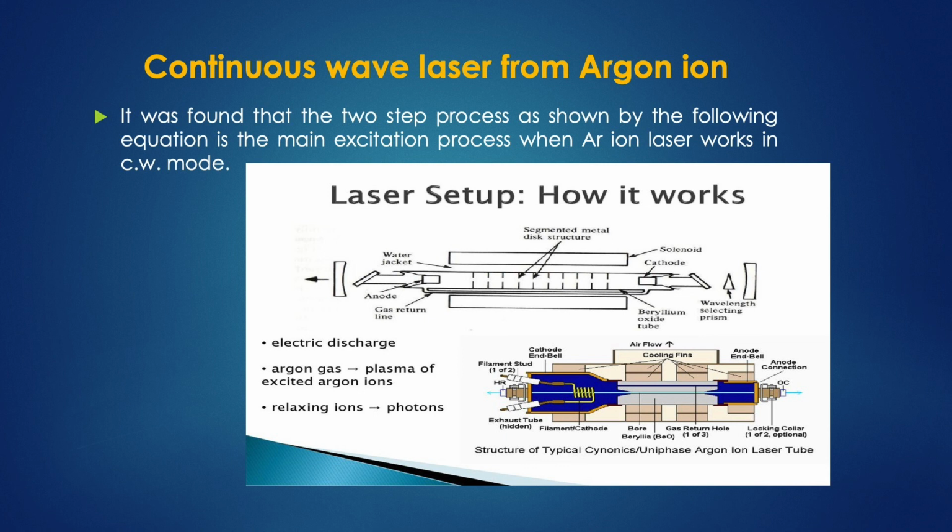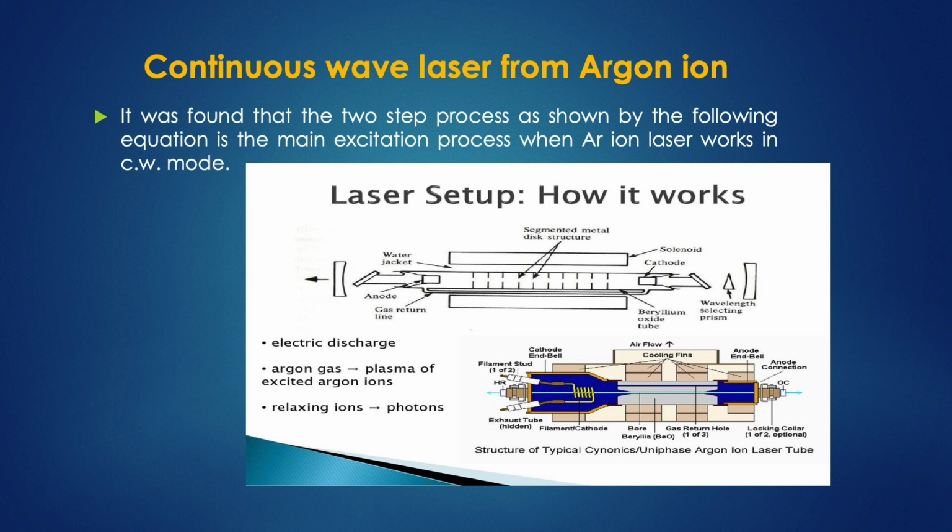Now, once an electrical discharge is done, usually it takes 2 kV to produce a discharge, and to maintain the discharge the voltage will come down to 600 or 700 volts. The current inside will be of the order of a few amperes, not a few milliamperes, a few amperes. Whenever you have so much current, you will have plenty of argon atoms and argon ions, both.